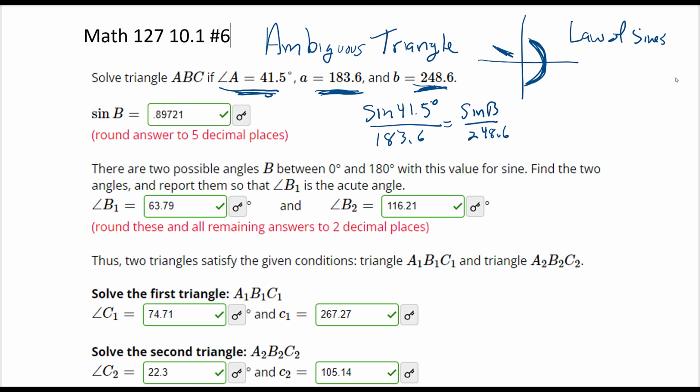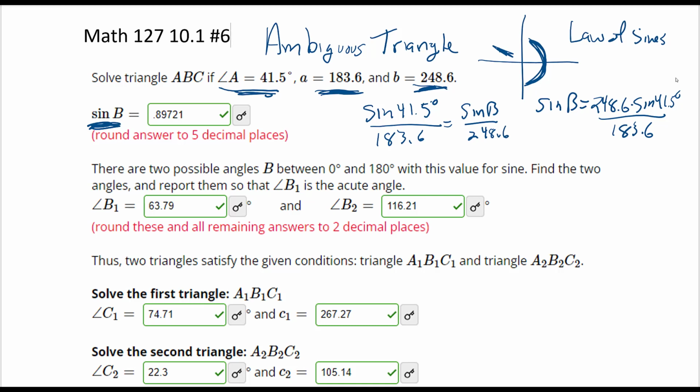And we're trying to solve for sine B. So sine B is going to be 248.6 times sine of 41.5 degrees over 183.6. So I take this and put it in my handy dandy calculator.